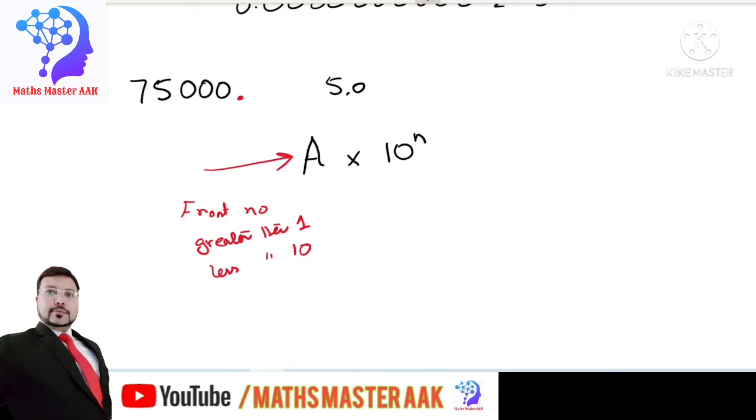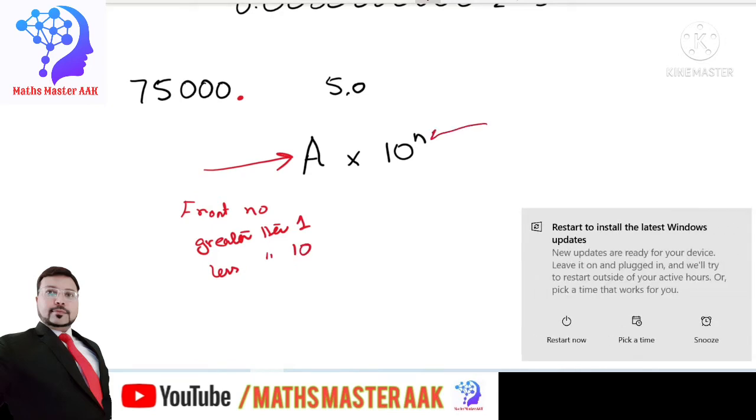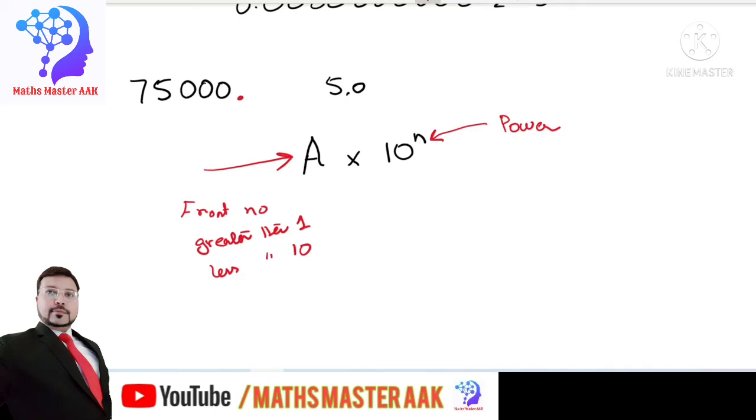And n is a power, or you can say index. This power or index must be a whole number. It means if it is in fraction form or decimal form, we will not consider it as standard form, and it can be positive or negative.